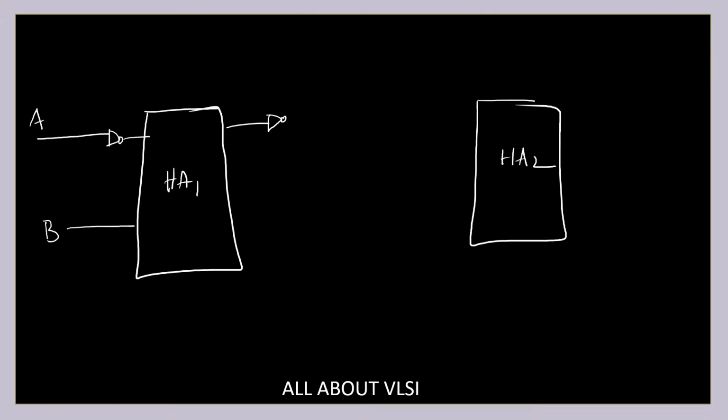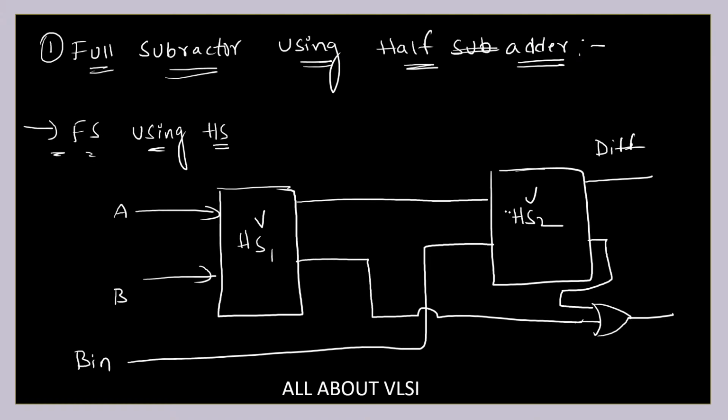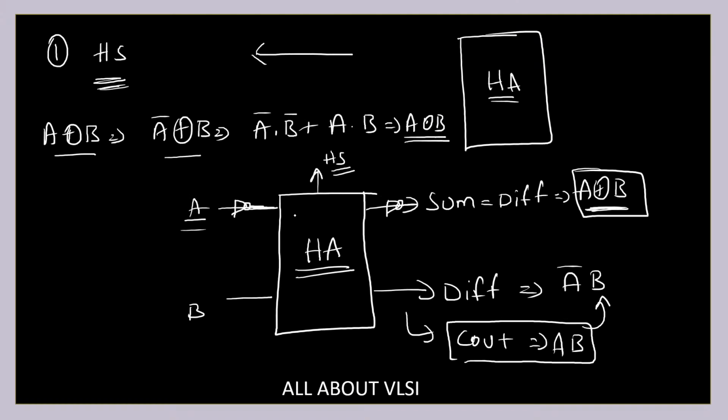One more NOT gate and one more over here, and B in will be connected to this, and here I'm going to get one more NOT gate. Here I'm going to get the difference. I'm just substituting this half subtractors with the modified diagram, with this particular modified half adder circuit.